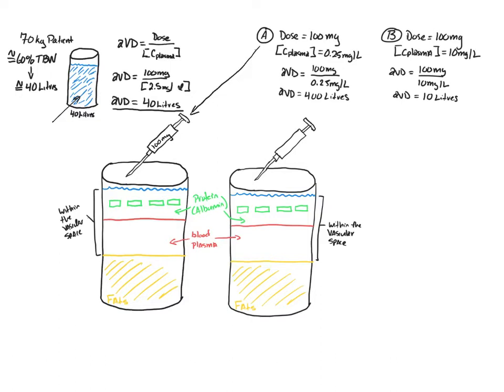Some of the major compartments include the fatty compartment here, the blood plasma here, and within the blood we have lots of proteins, the most common being albumin, so I have all of my blood proteins here.